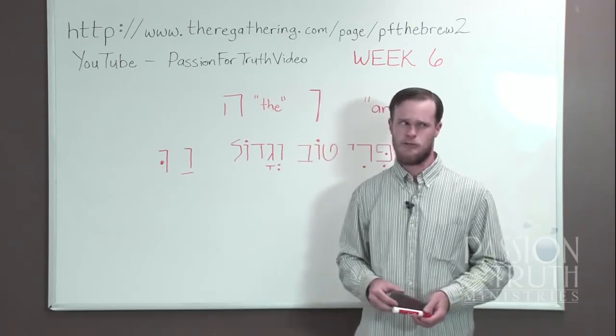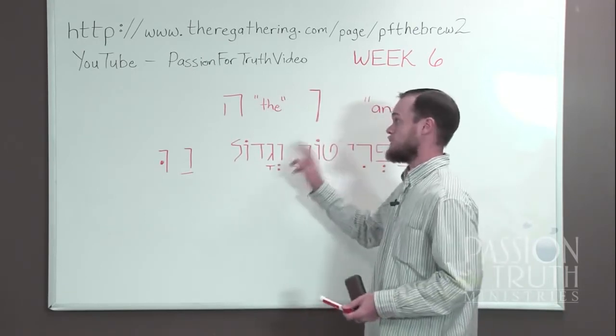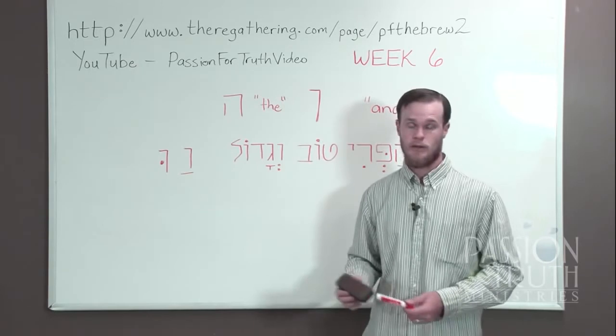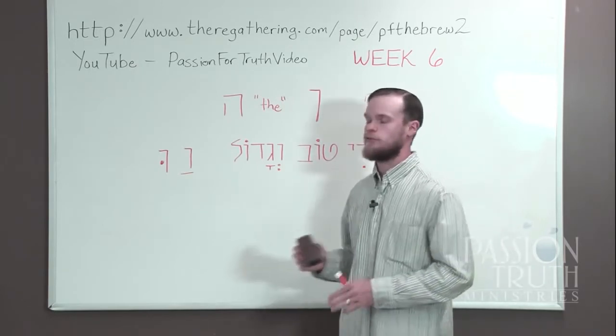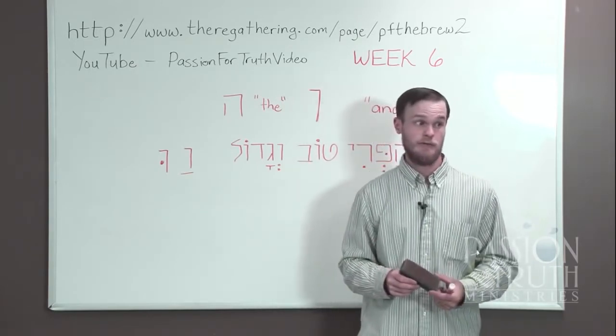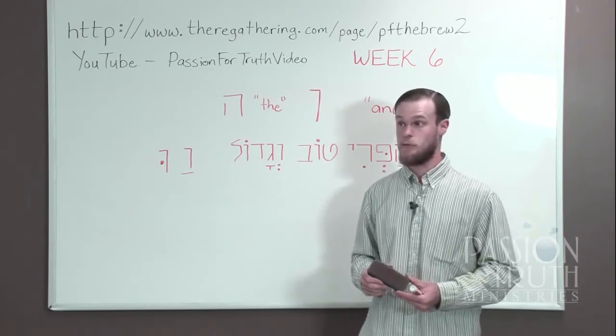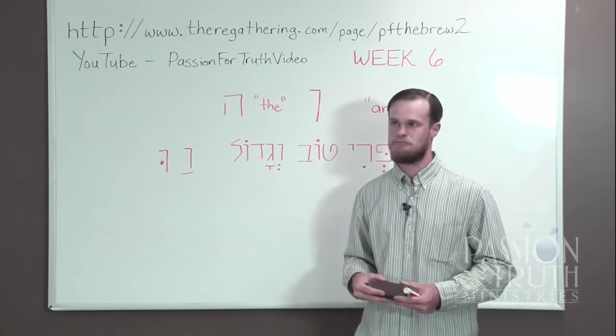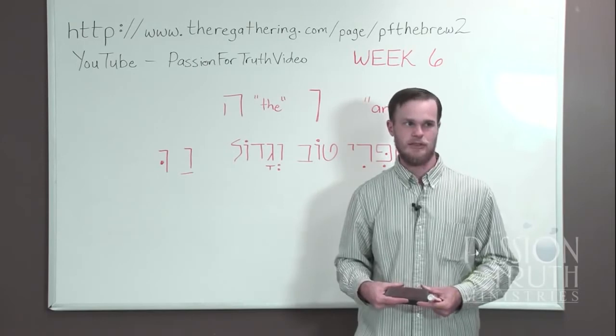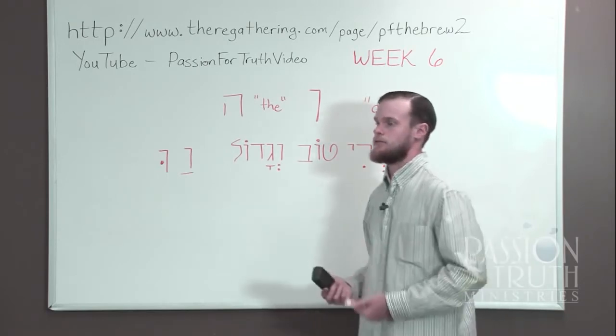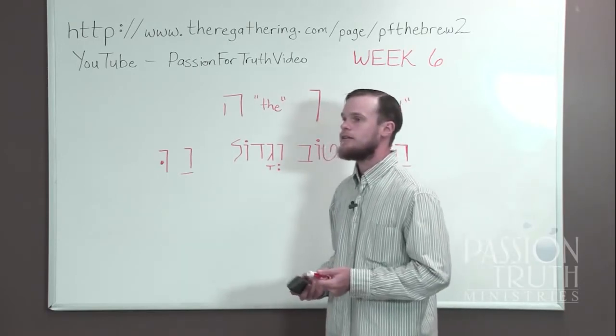So there's all kinds of variations with the vav. The shavah will be more often than not, though. But there are very, very few words that begin with a vav. So if you find the vav at the beginning of a word, you can be 90% plus certain that it's the conjunction "and." And sometimes uva.